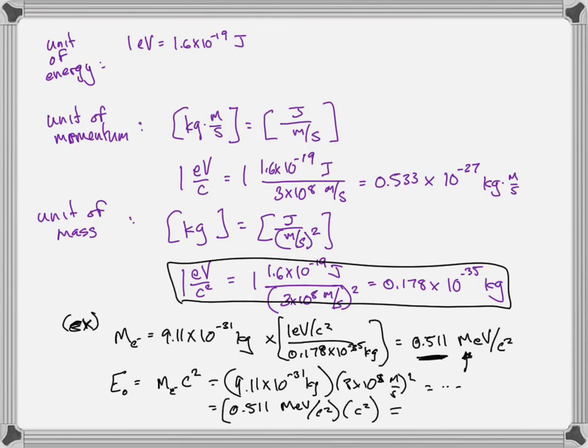Oh, look, it's 0.511 MeV. It's 0.511 mega electron volts. That's the rest energy of an electron. So it just makes for easy conversion between masses and energies when we use these units. Very easy conversions between masses and energies.